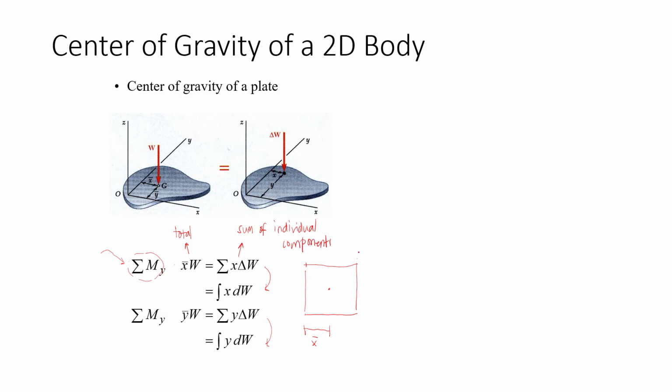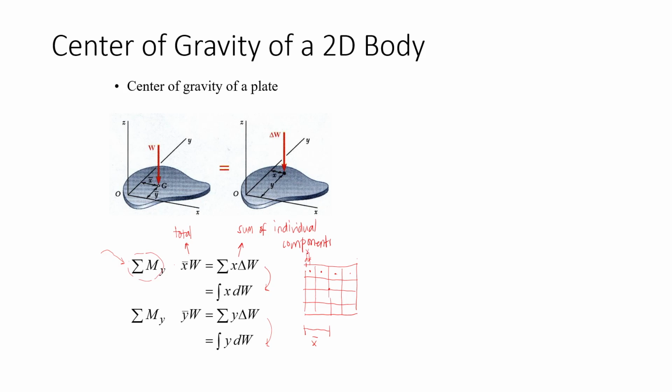So let's say we divide our square into multiple smaller squares, so we have multiple areas or multiple weights. Let's say this centroid is in this location, the other one is in this location, and so on and so forth. So you're going to add up all of these.